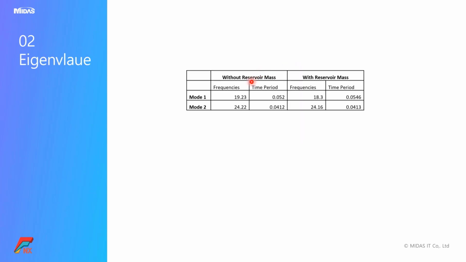And then it is needed to provide the damping coefficients by running the eigenvalue analysis. So in this model, we ran eigenvalue analysis with reservoir mass as well as without reservoir mass. That means the reservoir over here is the added mass.